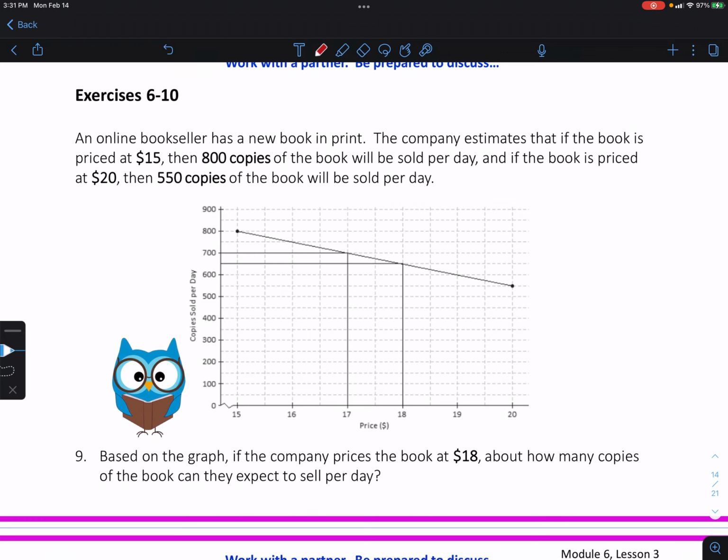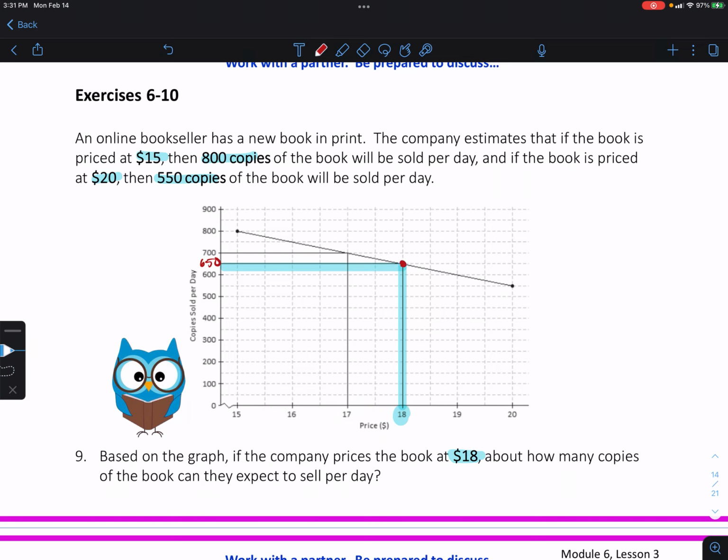Okay, similar problem here. Based on the graph, it's the same problem, 15 and 800, 20 and 550. Based on the graph, if the company prices the book at $18, how many copies of the book can they expect to sell? Well, if we look here, here's $18, and we go up to our line, we'll see that it will sell about 650 copies.